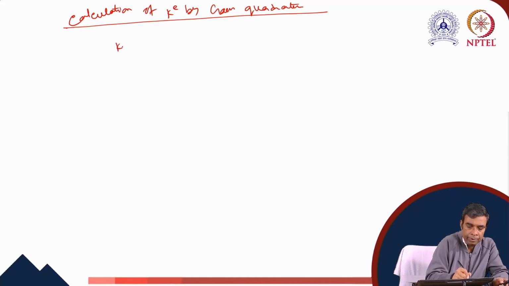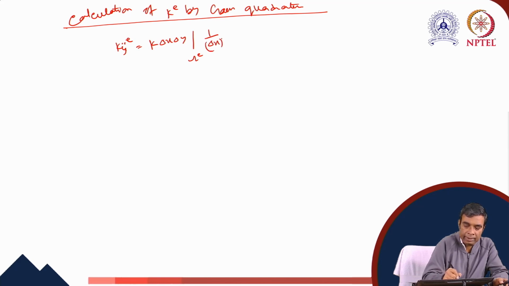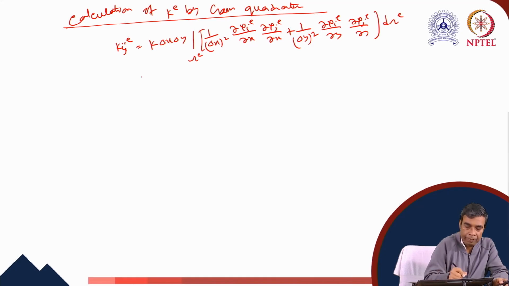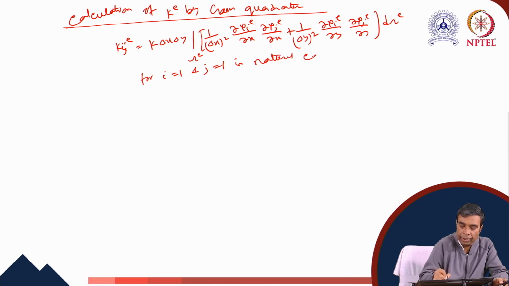Here we have Kij e equals k delta x delta y integration over omega e of 1 by delta x whole square del psi i e del x del psi j e del x plus 1 by delta y whole square del psi i e del y del psi j e del y d omega e, for i equals 1 and j equals 1 in natural coordinates.